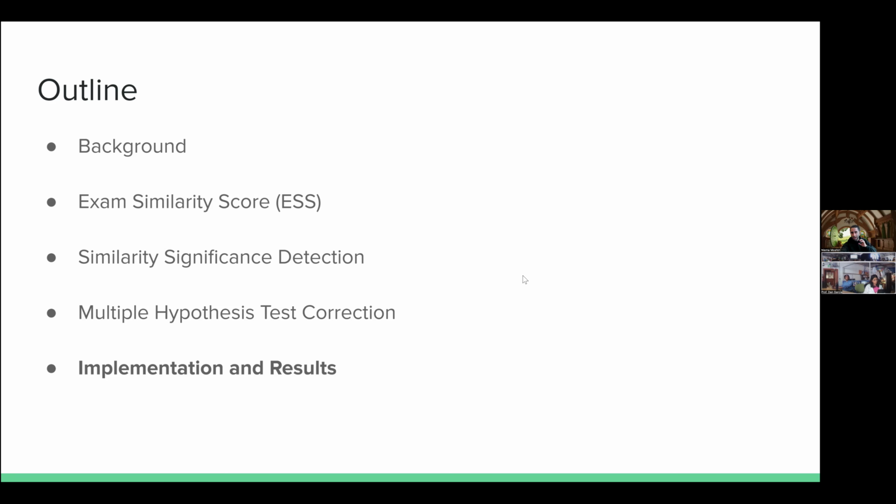Or you could have one really unique shared wrong answer, but not a lot of different questions. So there are those 2 separate dimensions at play: the number of shared wrong answers and how unique those shared wrong answers were.